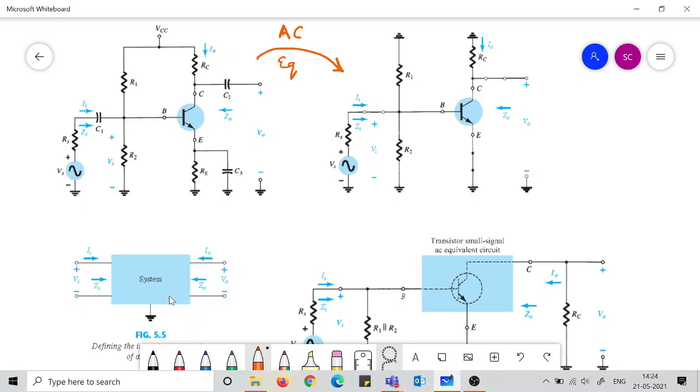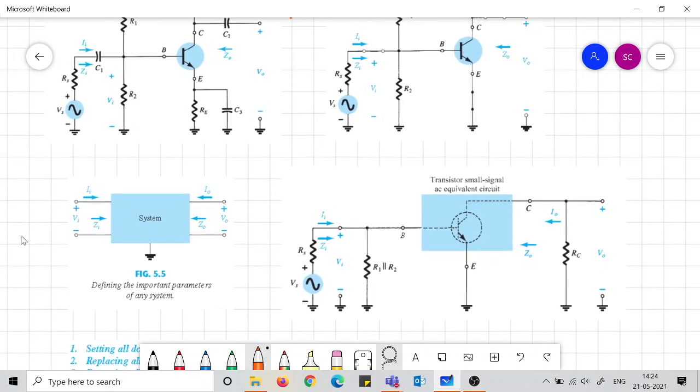I hope this is clear. If there is any doubt, please ask me right away, because this is very fundamental now to proceed in the AC analysis of the BJTs. Any doubt?